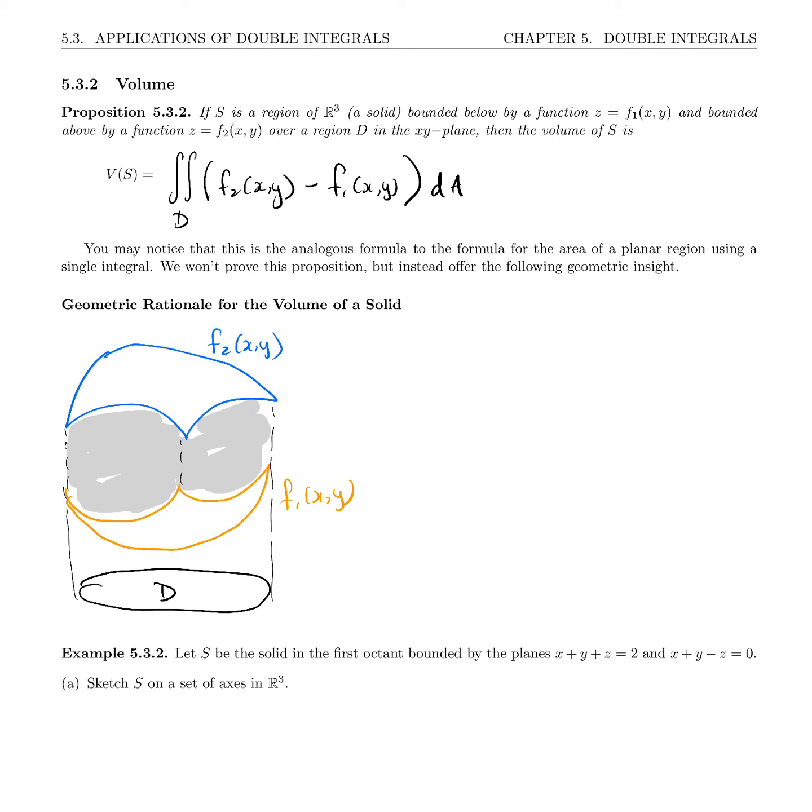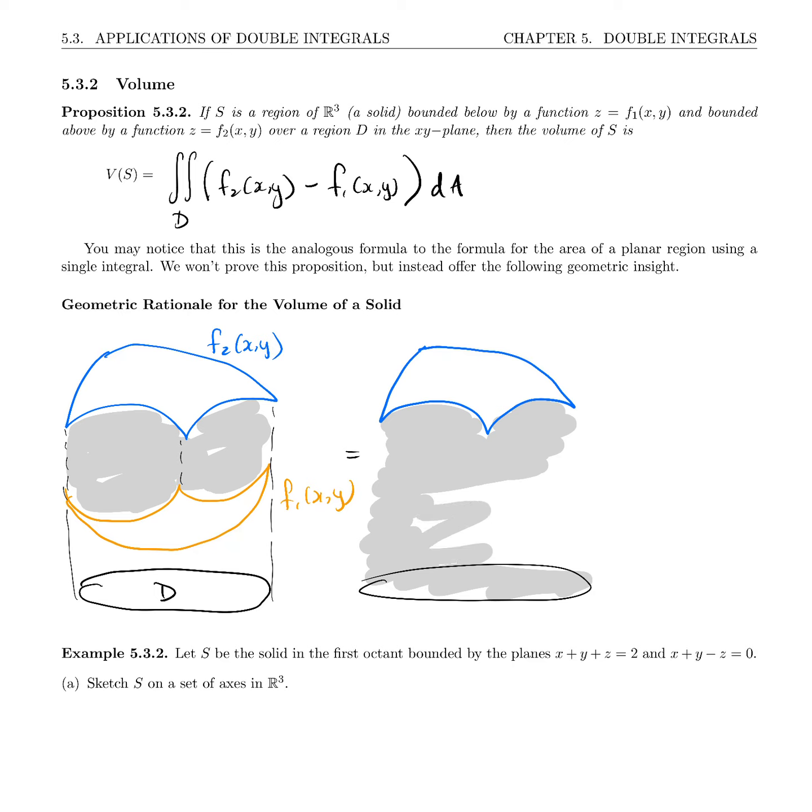Now, the insight is the double integral we know is interpreted as volume. So if we take the double integral of just f2, so something like this, over our same region D, well, we've got the same bit of solid that we had before, but then we have it all the way down to region D as well, right?